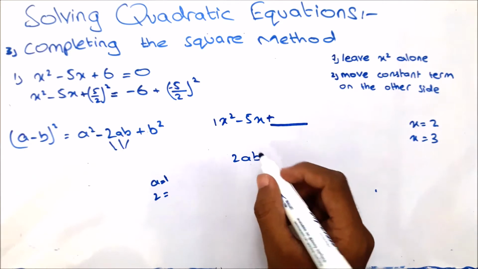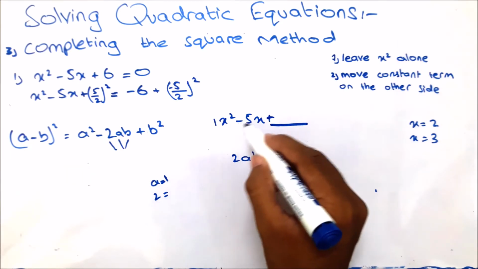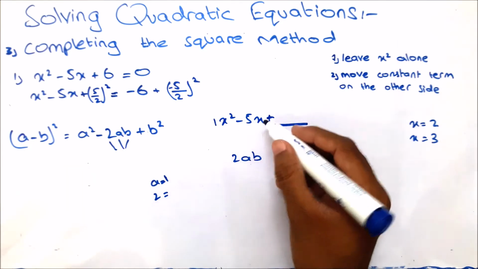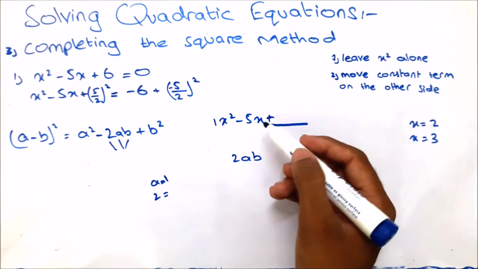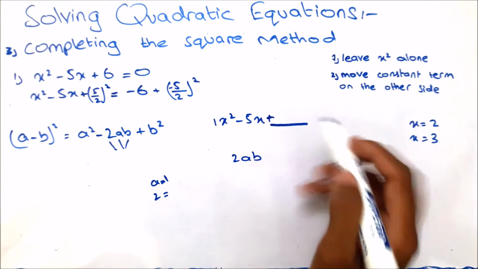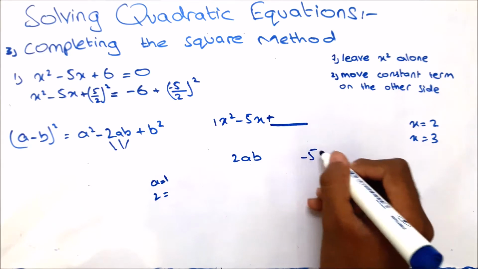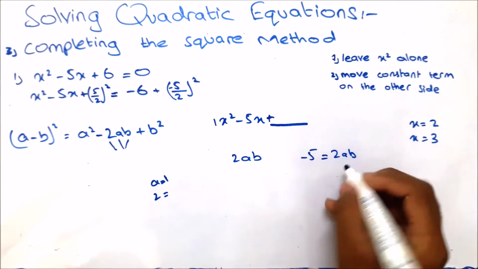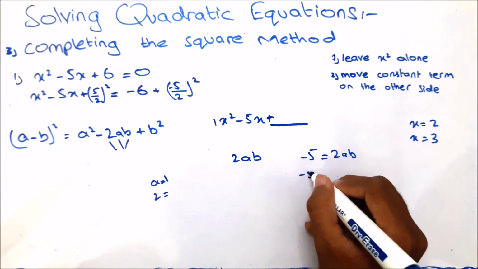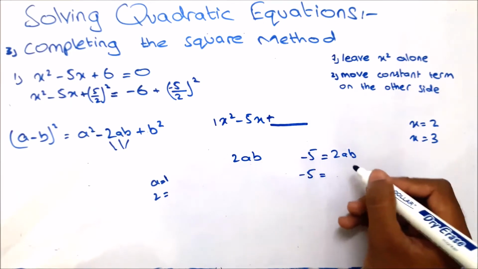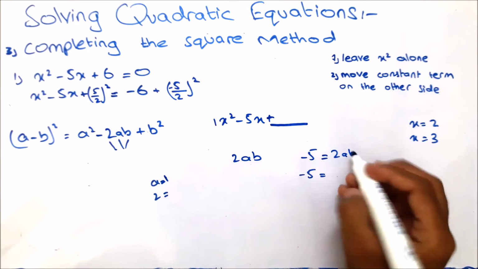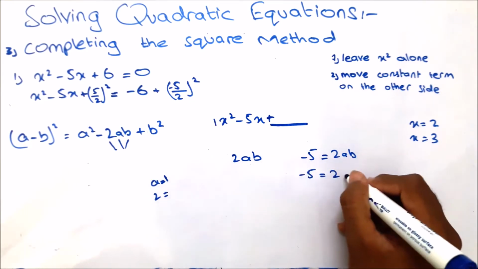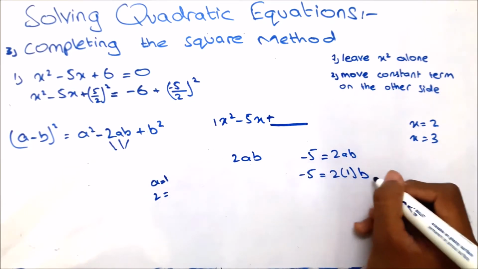So to get our b, we know that this thing, minus 5x, x is just part of the formula. We just won't consider this x for now. We'll just write minus 5. Minus 5 is equal to 2ab, and a is 1, 2 times 1, and here we have b.